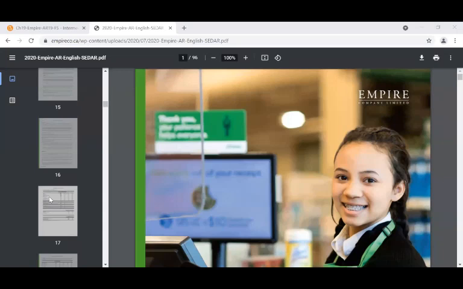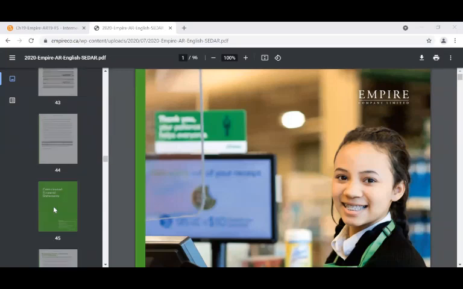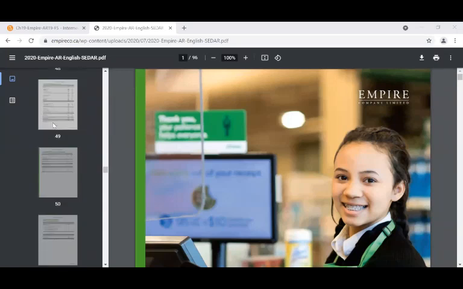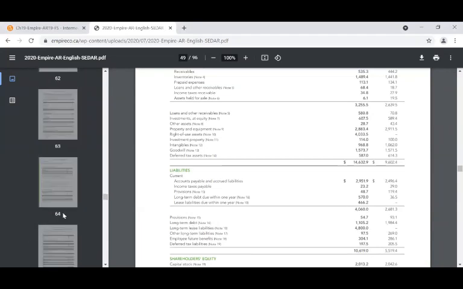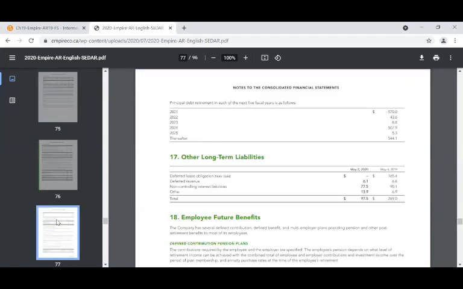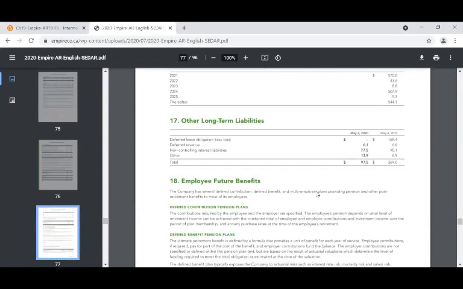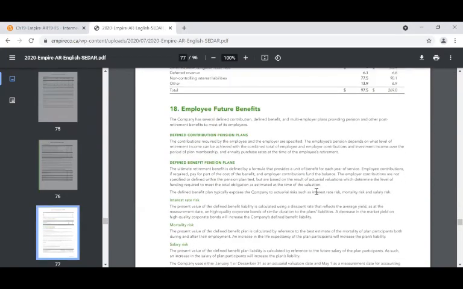Okay. So this is the annual report. We have to find the footnote. Footnote number 18. So this is a different year, this year is number 18. So let's go to footnote number 18. Okay, here it is. Employee future benefit.